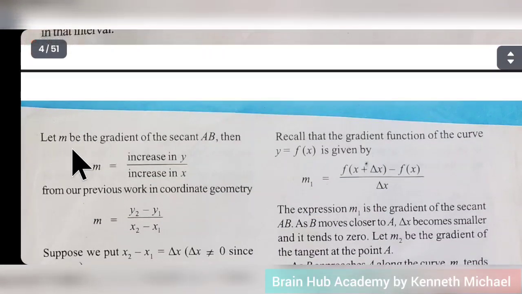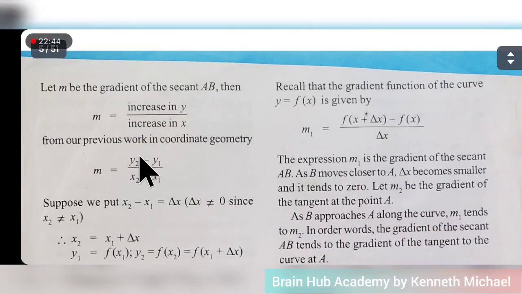Now our m will be the gradient. Okay, if m is the gradient, you could call it gradient or slope. It is actually increase in y all over increase in s. So from our previous coordinate geometry, you discover that our m is equal to increase in y, which is the same thing as y2 minus y1 all over s2 minus s1.